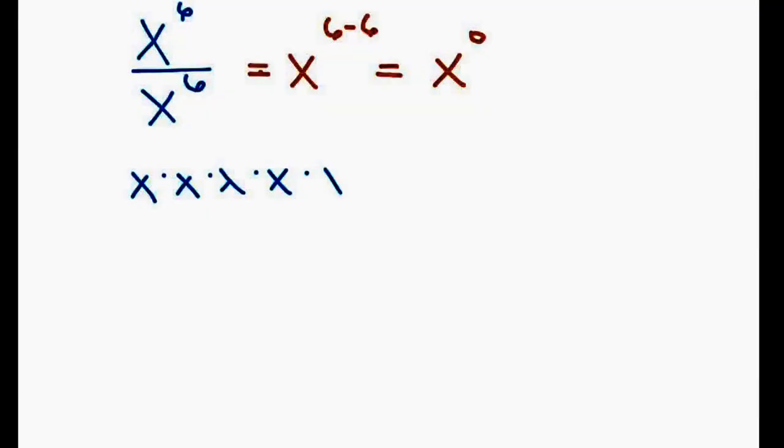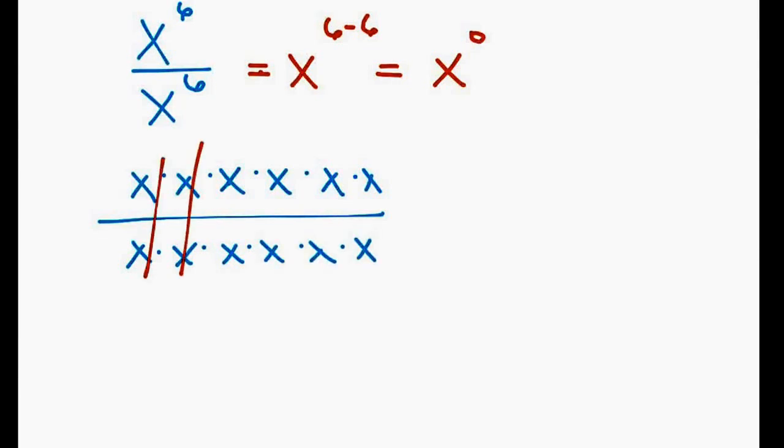What happens if I do this problem? Now, let's start with the fact that we already know the property. The property of exponents says that I'm going to do x to the 6 minus 6. Well, 6 minus 6 is 0. Well, what is x to the 0? Let's go back to this. What happens if I write 6 x's on top and 6 x's in the denominator?